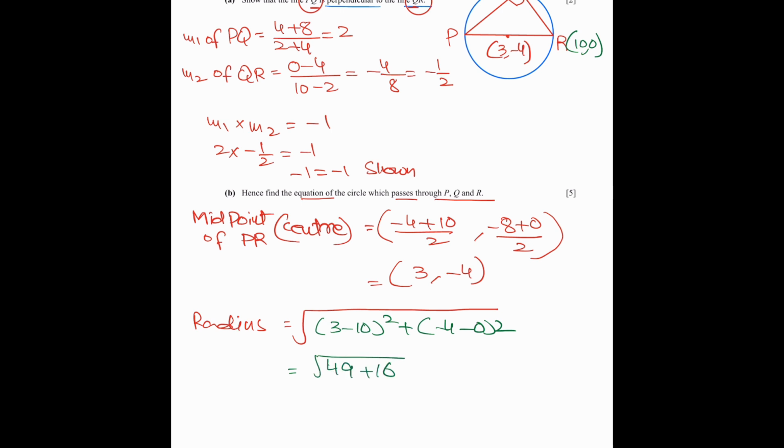So 49 plus 16 is 65, square root. Now the equation of the circle is x minus 3 whole square plus y plus 4 whole square equal to r square. So root 65 squared will be only 65. So this is your answer for part B.